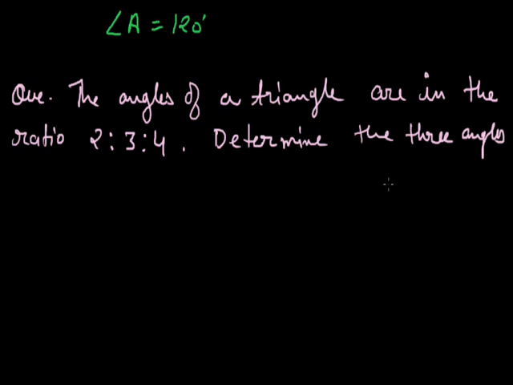Now since the angles of the triangle are in ratio 2:3:4, this means the angles of the triangle are 2x, 3x and 4x. Here x is the common number which would have got cancelled while finding the ratio.